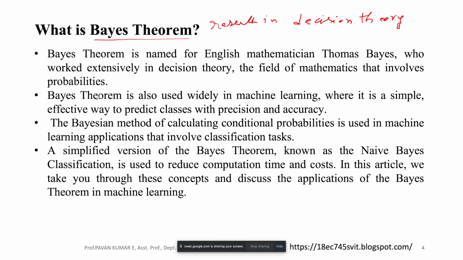The second point is that the theorem is widely used in machine learning. Among decision-making algorithms, the best one we can implement is Bayes, which is a very simple and effective way to predict classes with precision and accuracy.